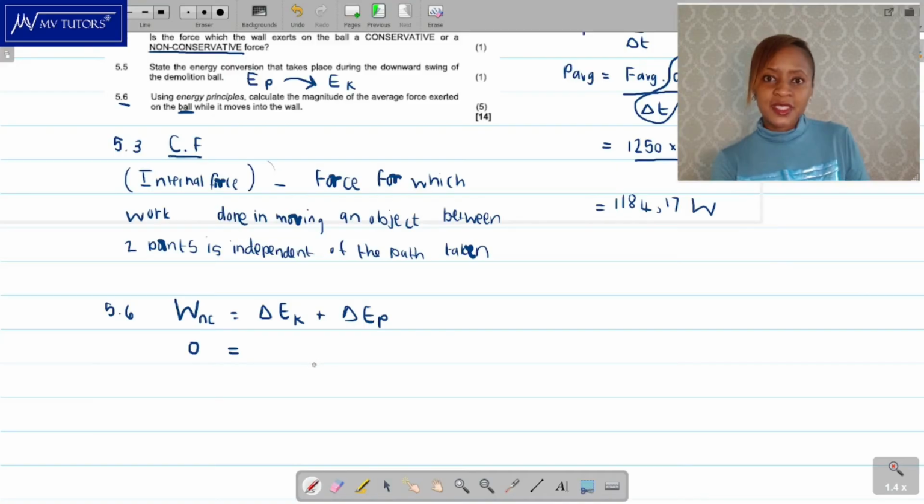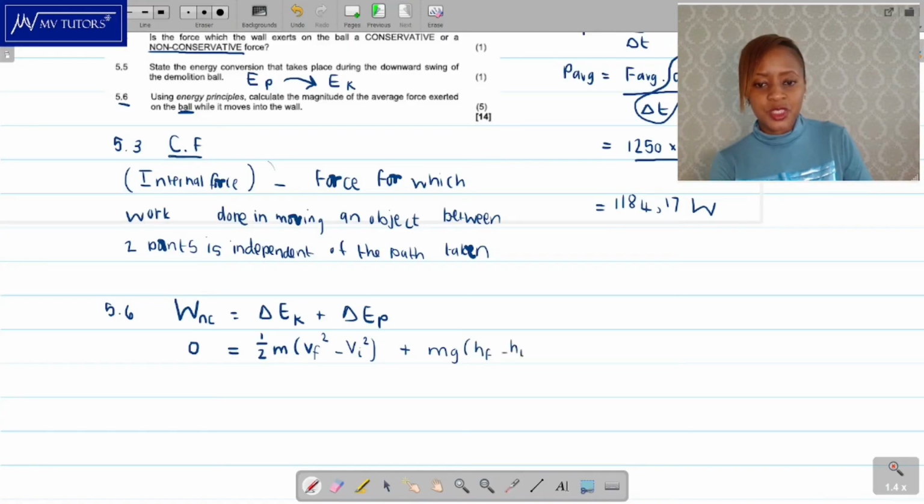So the change in kinetic energy here, I will say half m, and then v final, the final velocity squared minus the initial velocity squared. And then we have mg times h final minus h initial.